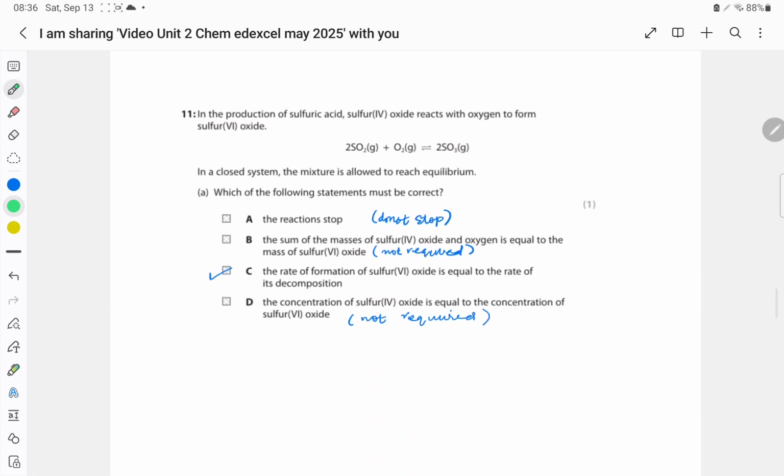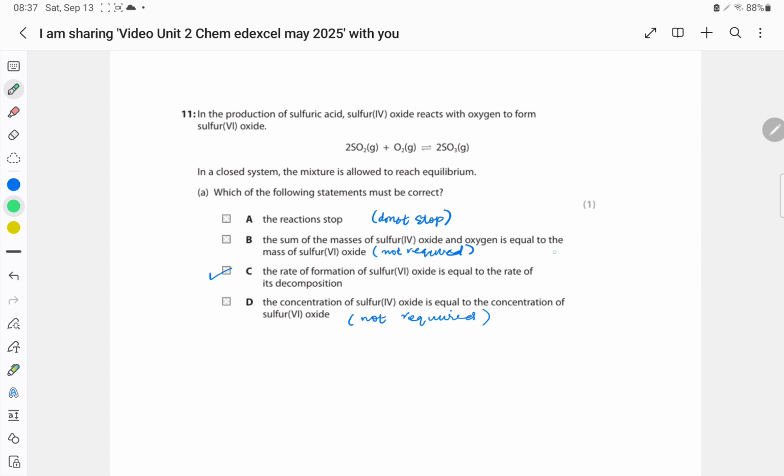Now moving on to the next question, we have in production of sulfuric acid, sulfur dioxide reacts with oxygen to form sulfur trioxide. The equation is given in a closed system. The system is allowed to reach equilibrium. Which of the following statements must be correct? So the reaction stops? Obviously it's in equilibrium, so it will not stop. And the sum of the mass of sulfur dioxide and oxygen equals the mass of sulfur trioxide is not required.